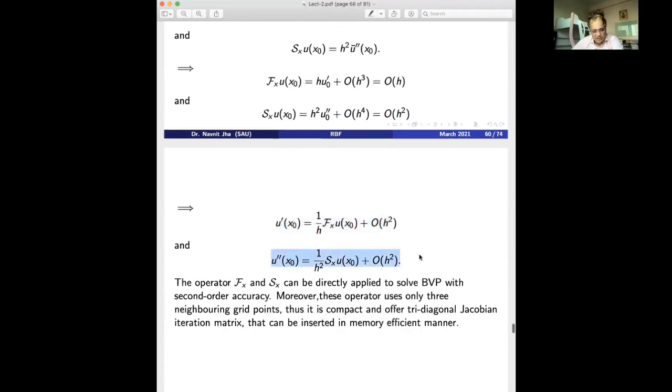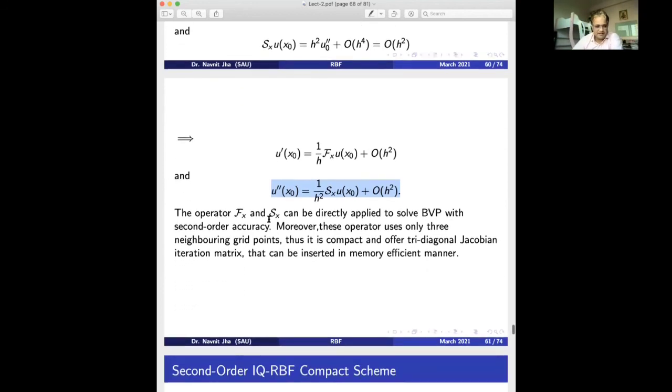Here also I have written order h square, but while deriving a high order scheme, you have to take this derivation up to order h6, or rather up to order h8. This is a little bit cumbersome calculation, but only then will we be able to achieve high order approximations. So this is what I have written.